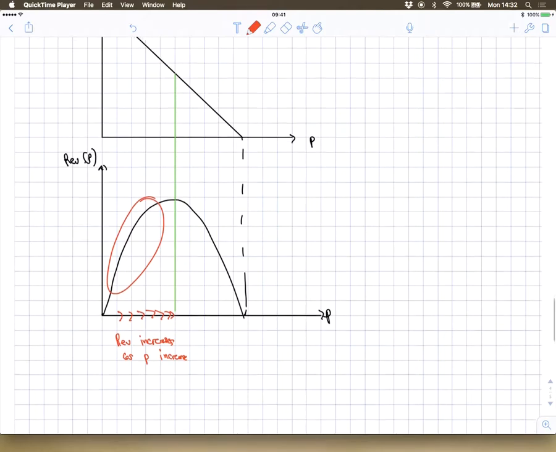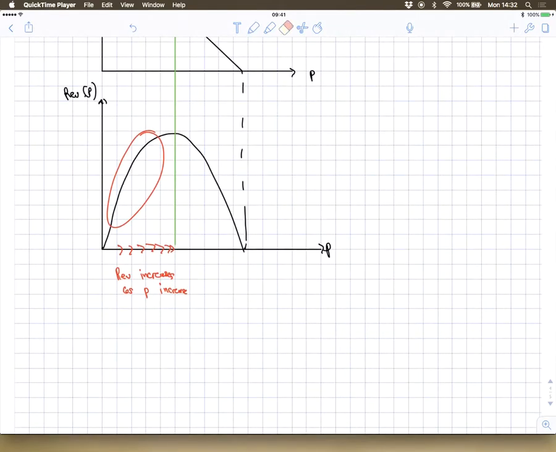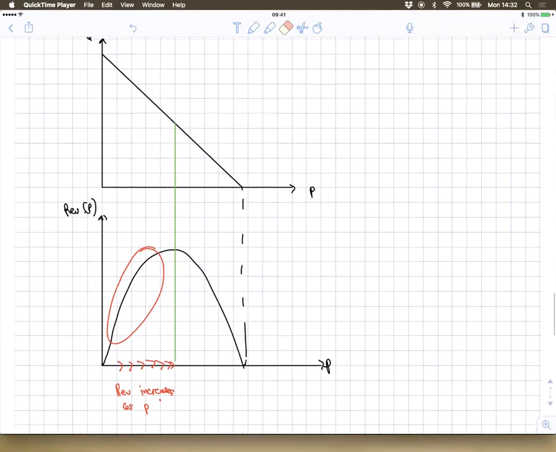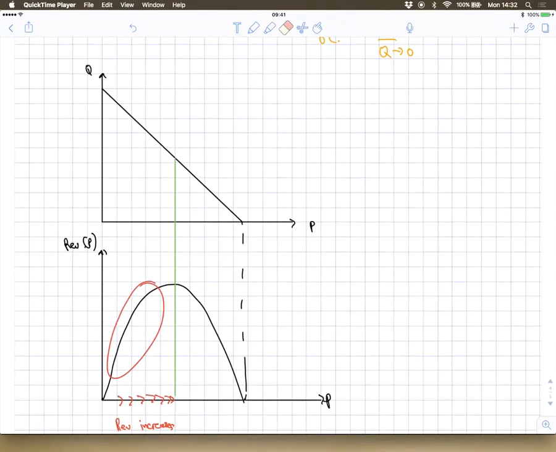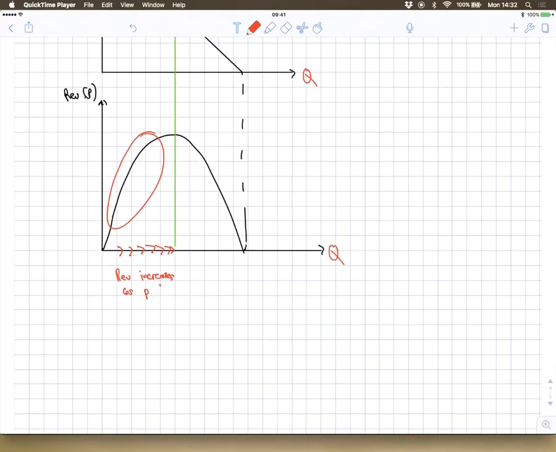Sorry, you're decreasing P here, right? P is going down. This is the maximum P that you can get, and now P is coming down to this point here, right? Made a mistake here. This should be Q, this should be Q, this should be P, okay? So if you're here, revenue increases as P decreases.